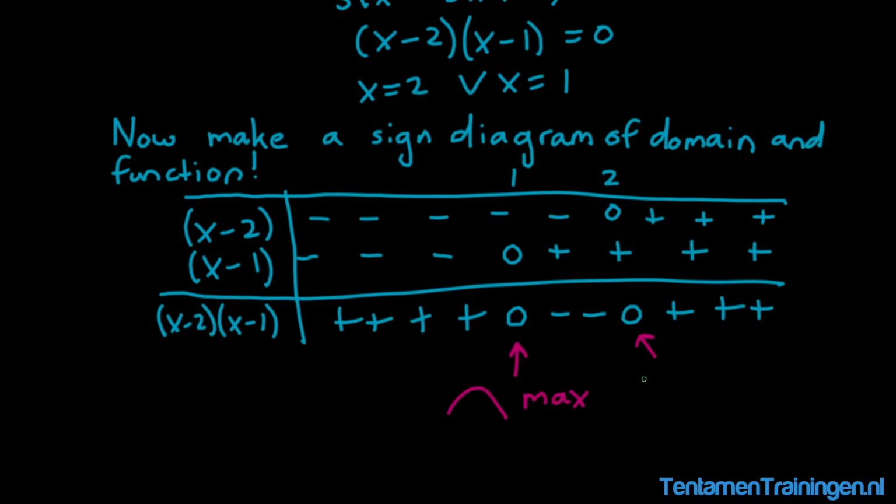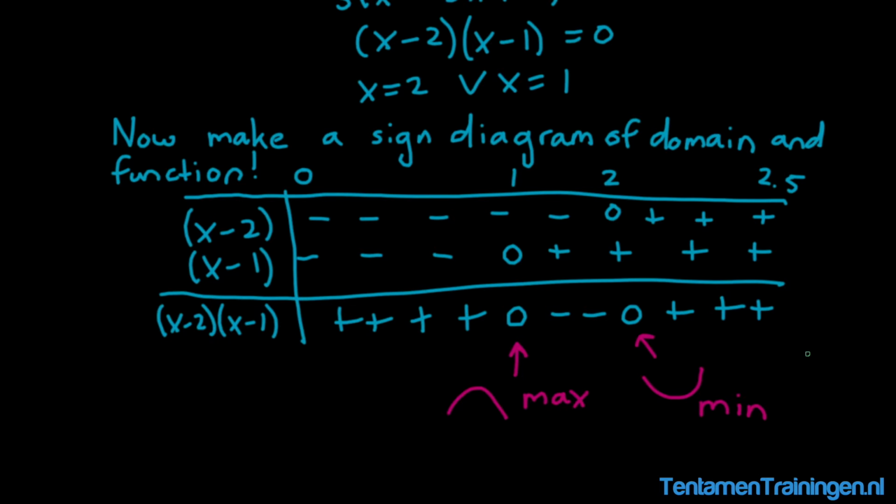The opposite goes for the second stationary point, where it goes down first and then goes up. So we are dealing with a minimum at the stationary point. This goes for the domain from 0 to 2.5, since we are looking only at the domain which is given to us in the exercise.